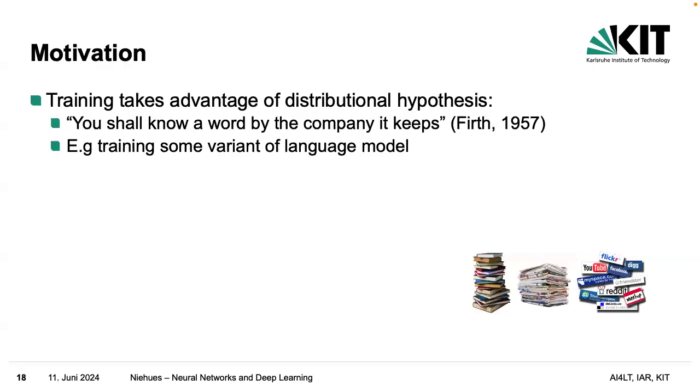That means if you're seeing in which context, in which other words a word is occurring, you can estimate the meaning of a word well. You will all the time hear new words you have never heard before, but by seeing the context where the word happens, you often can estimate already what is meant by it.